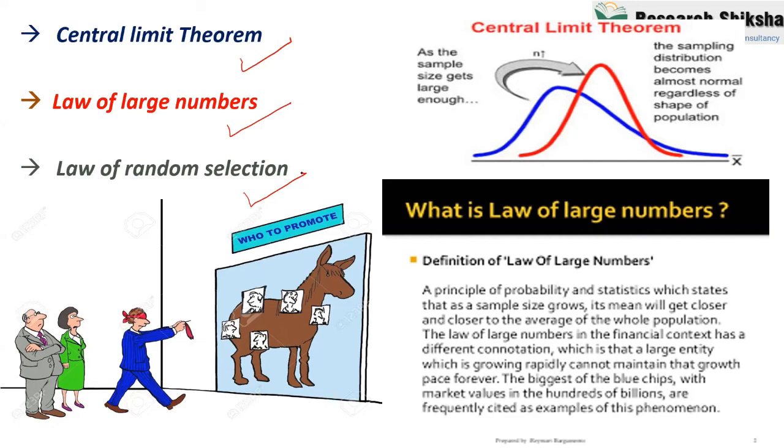And there is a third law, the law of random selection, which says that if you pick the samples randomly, you will get more accurate results than if you do not pick them randomly. So the higher the randomness in the selection, the more accurate results you will get.